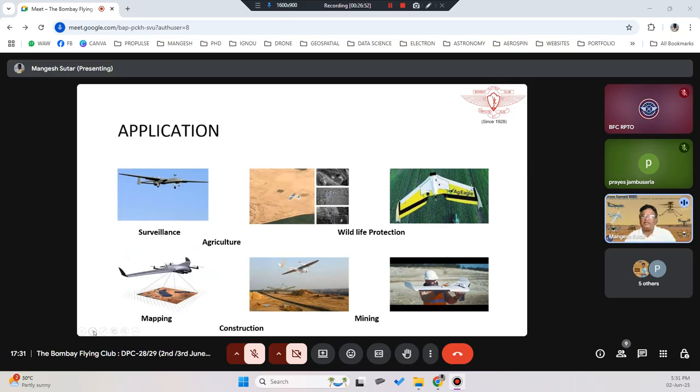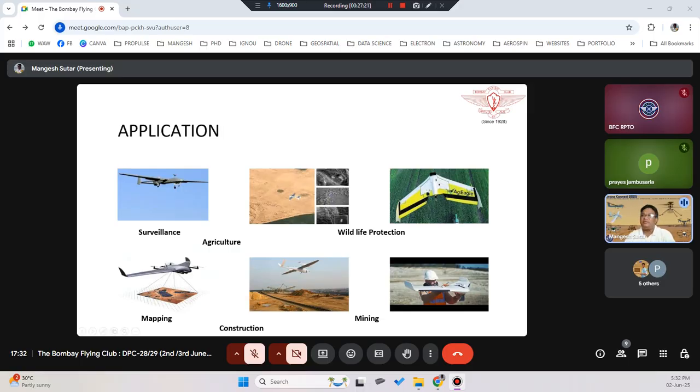So what are the applications of the fixed wing? Surveillance, agriculture, mapping, construction, wildlife protection, mining. In all these locations, normally you will use fixed wing aircraft, or fixed wing drones, because here you need more speed, more area coverage, longer range, and very high altitude. So depending upon your application, you will have your fixed wing designed, or you will be using a certain type of fixed wing.